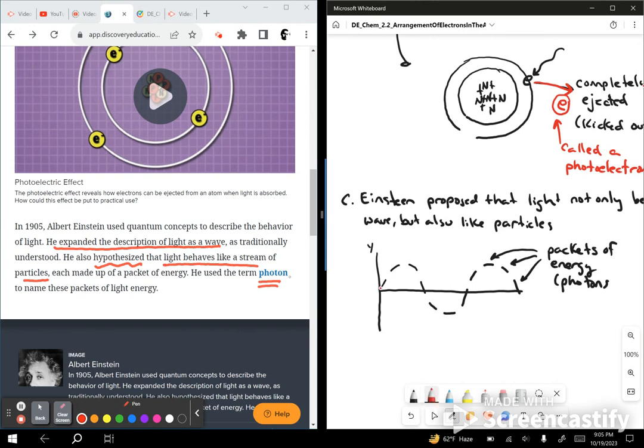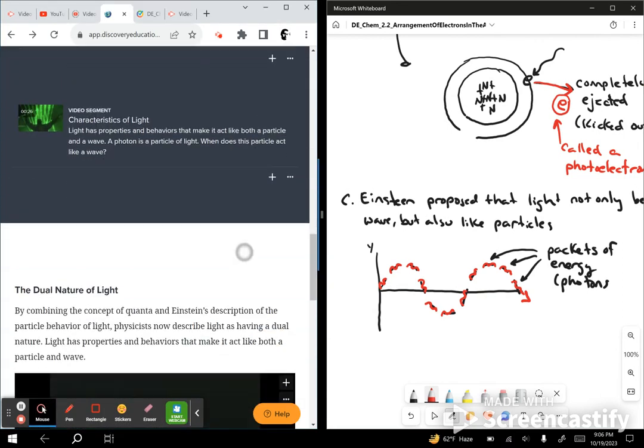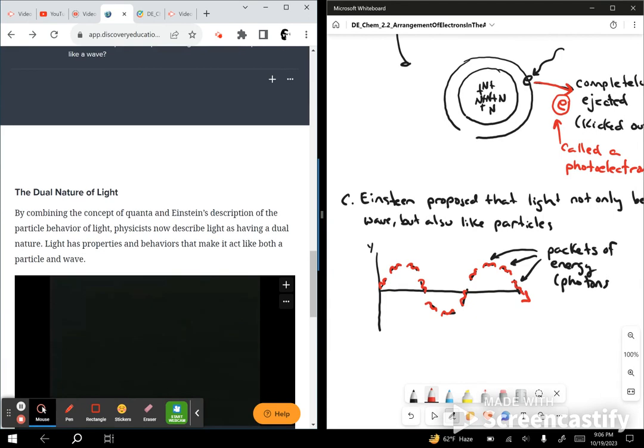It's almost as if they were like little waves of energy, right? Okay. And this is what we call the dual nature of light. Okay, this is referred to as the dual nature of light.